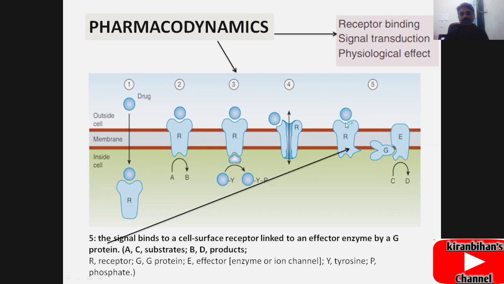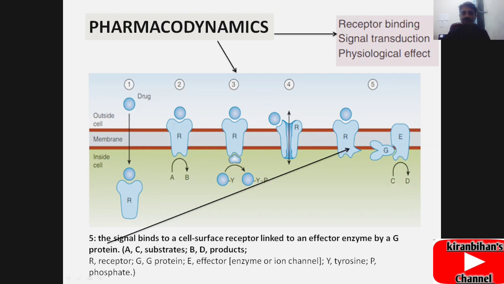So when the drug binds with the extracellular domain of the G protein receptor, then the G protein activates and goes to the effector part of this receptor, and then cellular response occurs. So these were the 5 types of receptors: intracellular, transmembrane, tyrosine kinase, ion channel, and G protein.